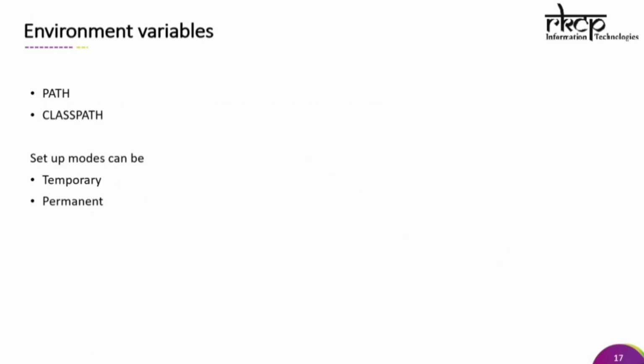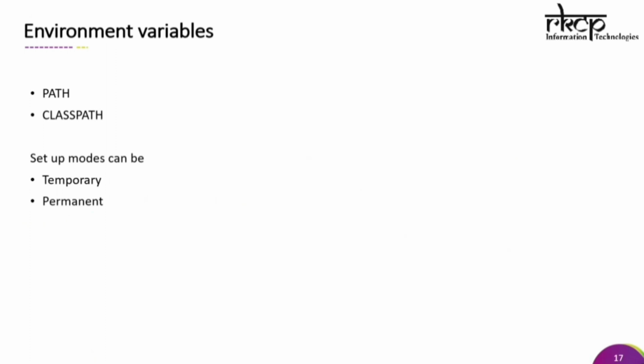After installing JDK, you should not forget to set the path of the bin folder of JDK. After installing, you will get your JDK inside the Program Files of C drive. At installation time you can change the path, but by default it is the C drive, Program Files, Java folder, and there it will install your JDK.